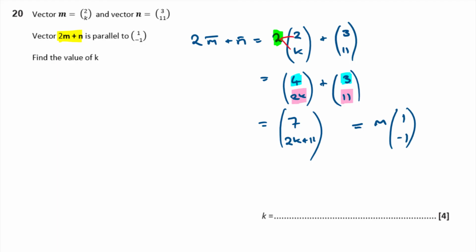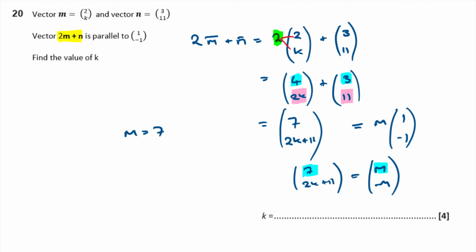Okay, so in other words, if I multiply that out, (7, 2k plus 11) is equal to (m, minus m). Then if I compare this one with this one, I can see that m equals 7.